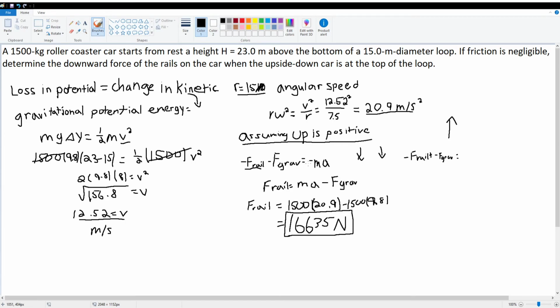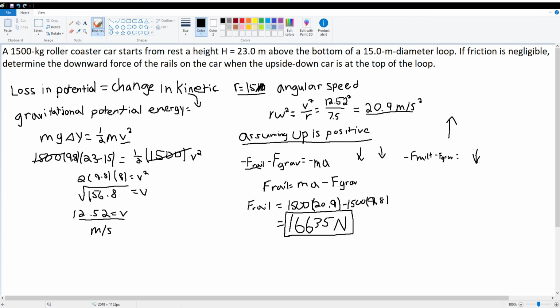And then this is equal to negative mass times acceleration, because that is also downward force. So F rail is equal to ma minus F grav if we move this all over. And then we just plug in and solve.